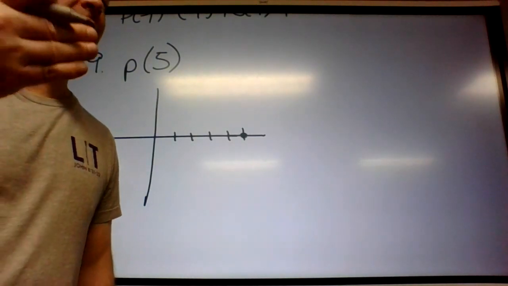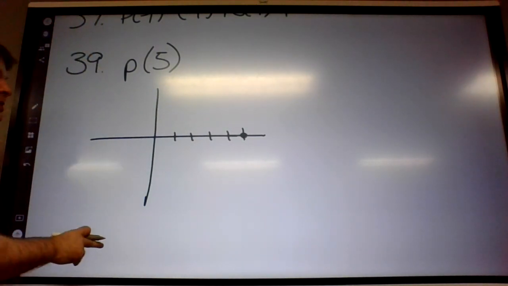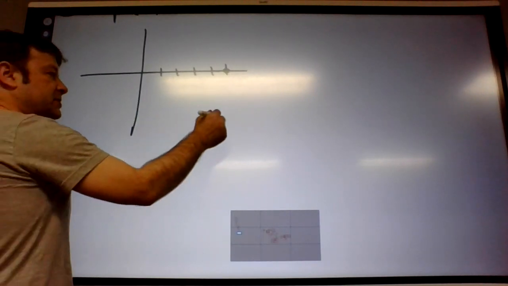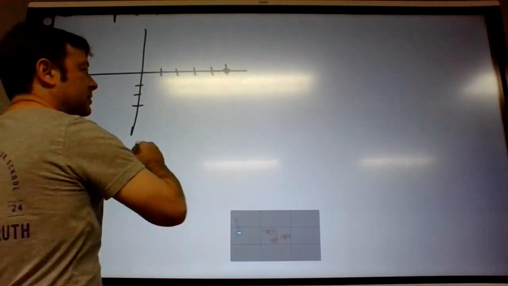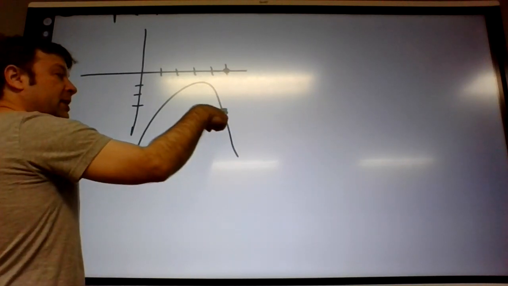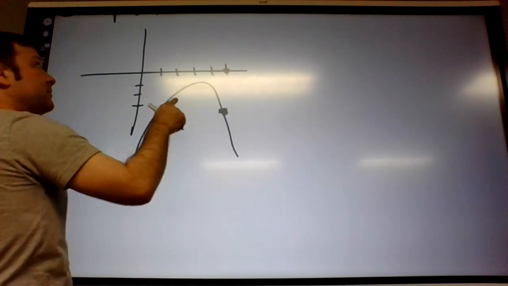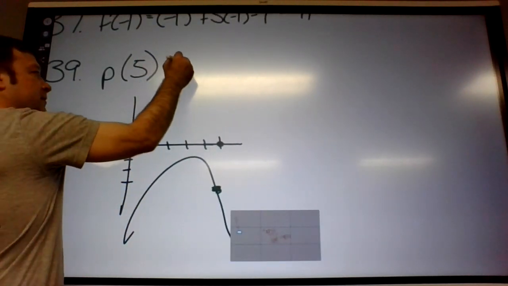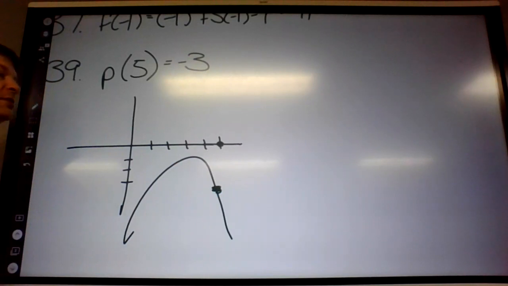Right. If you go to 5 on that graph, you have to look in your book. The graph goes right here. At 5, the graph's down at -3. So when x is at 5, the function's value is -3.